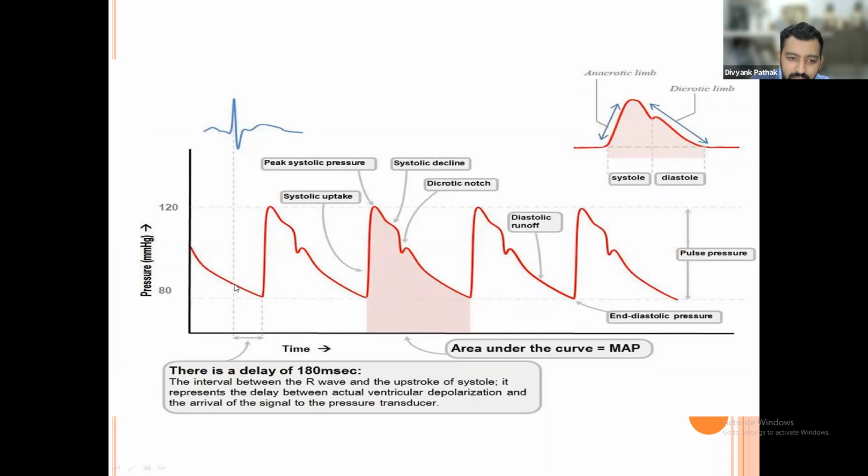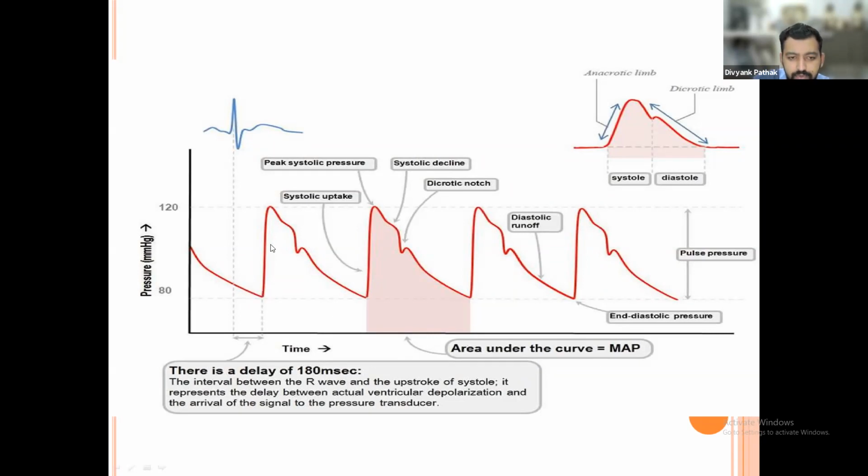This is the delay between the nerves and the actual contraction of the heart. Now when the actual contraction of the heart occurs, it also takes some milliseconds to travel to the point at which you are measuring the pressure. So this is a delay.